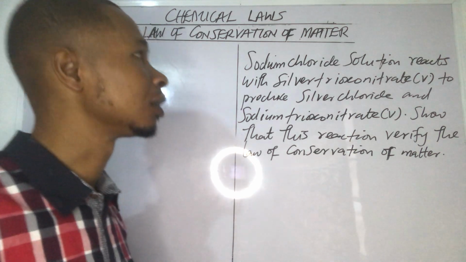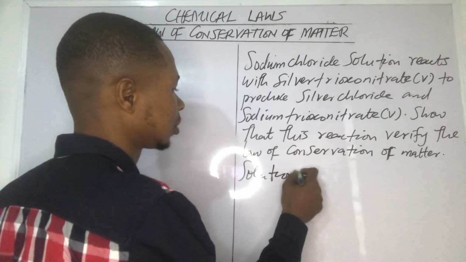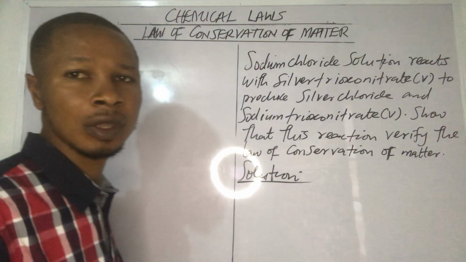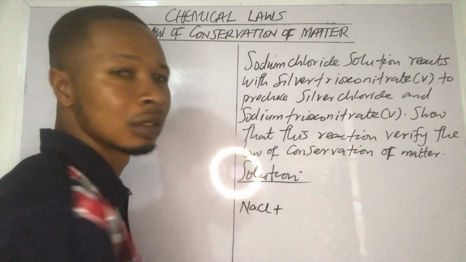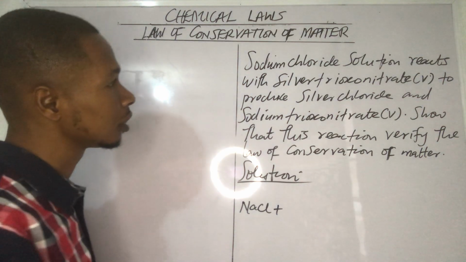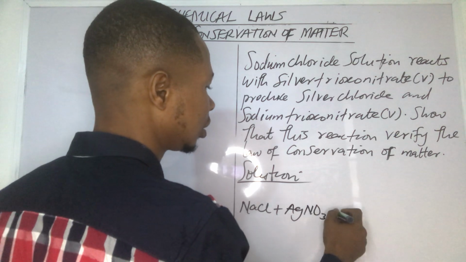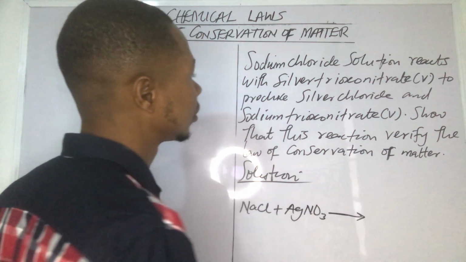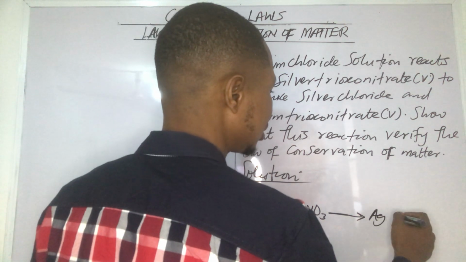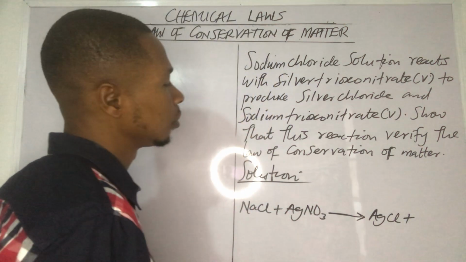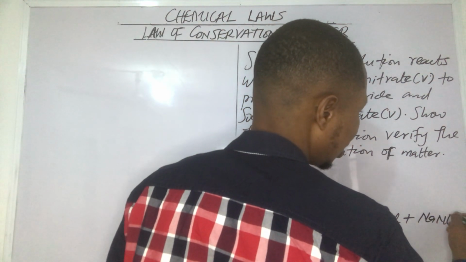So let's look at this example. Sodium chloride solution, sodium chloride is NaCl, reacts with silver trioxonitrate(V), that's AgNO3, to produce silver chloride, that's AgCl, plus sodium trioxonitrate(V), that's NaNO3.